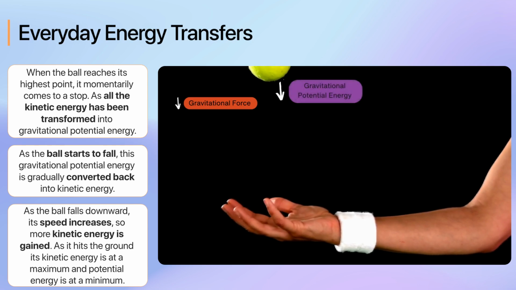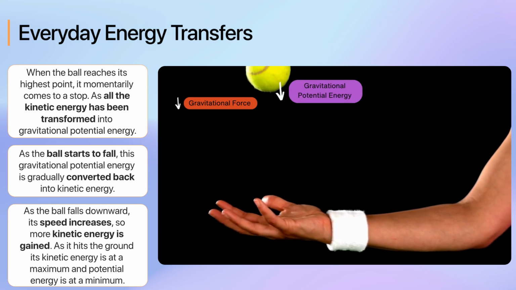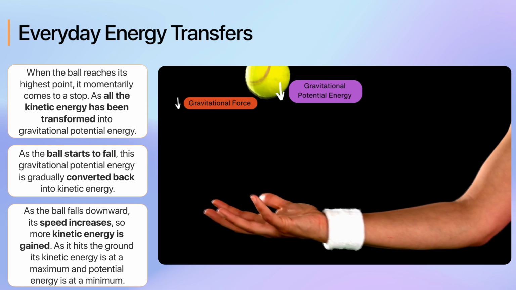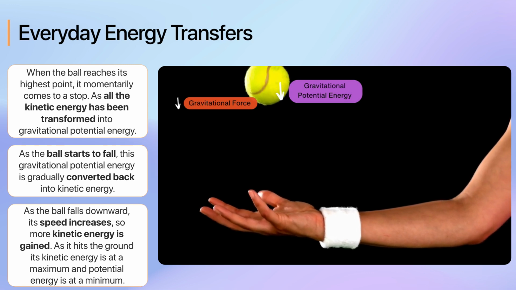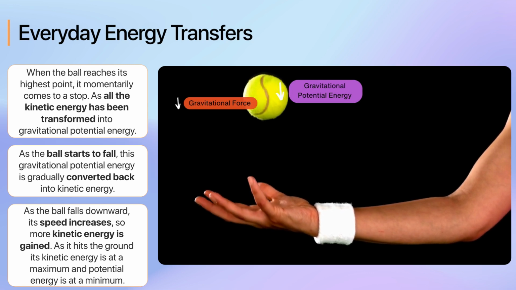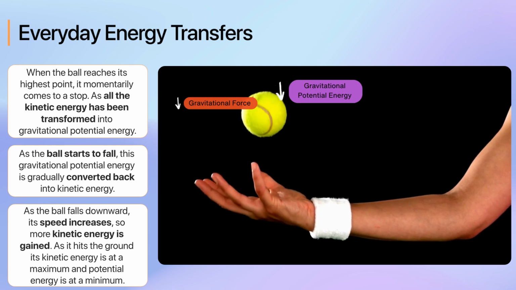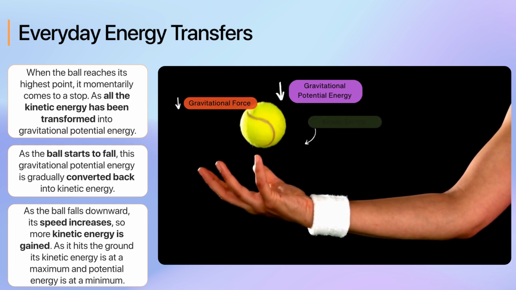By the time the ball returns to the height from which it was originally thrown, nearly all of the gravitational potential energy has been converted back into kinetic energy. When the ball finally reaches the ground, just before it hits, its kinetic energy is at a maximum, and its gravitational potential energy is at a minimum.